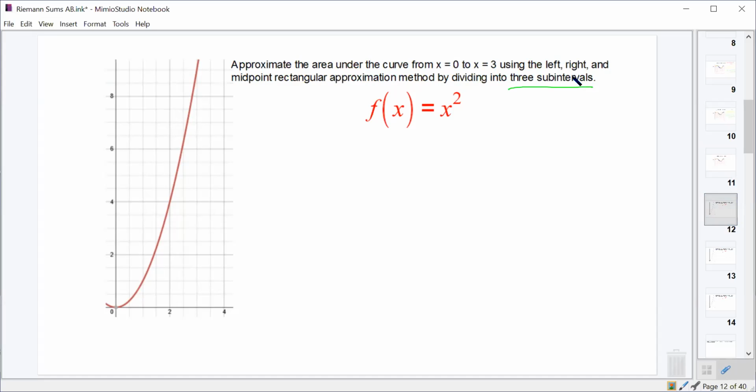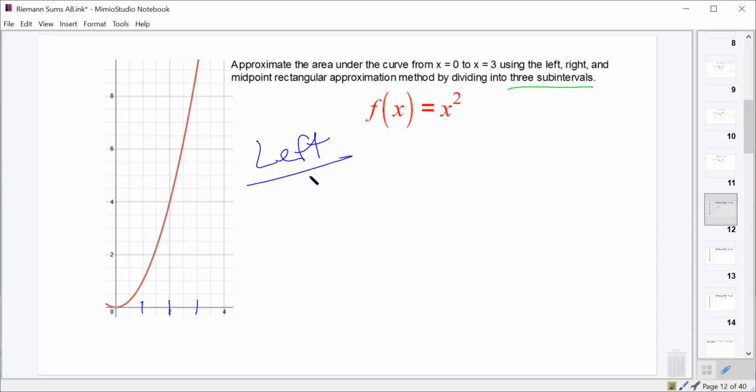So if I am dividing up the section from 0 to 3 using 3 subintervals, what should each of those be? It should be from 0 to 1, 1 to 2, and 2 to 3. Yeah. So let's start with a left approximation.